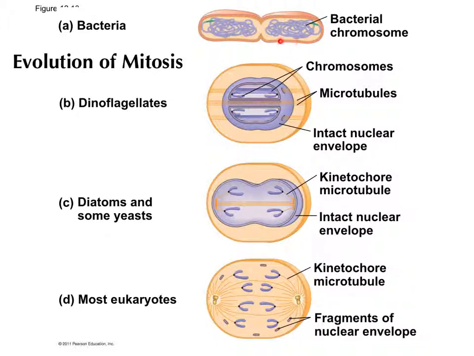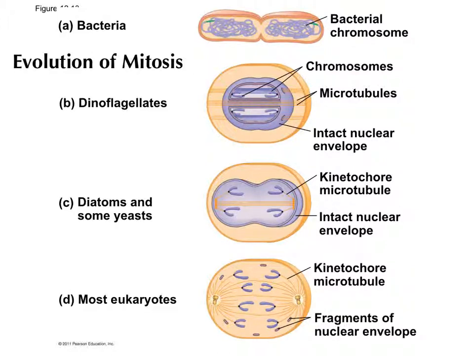There are some interesting examples of variations on cell division. So we just saw binary fission. We've seen mitosis, but there's some sort of in-between kind. For example, in dinoflagellates, which are a type of protist group, the nuclear envelope, since it's a protist, it's a eukaryote, but it stays intact. But the microtubules go through these openings in it, and that's what helps pull the chromosomes apart.